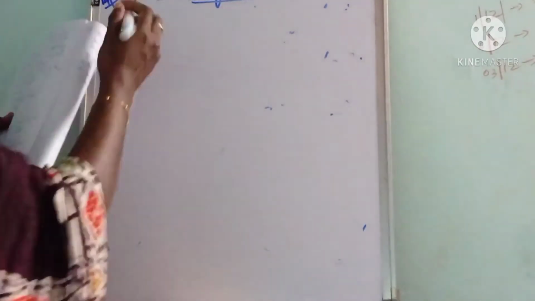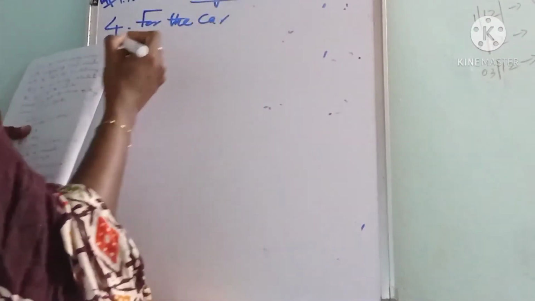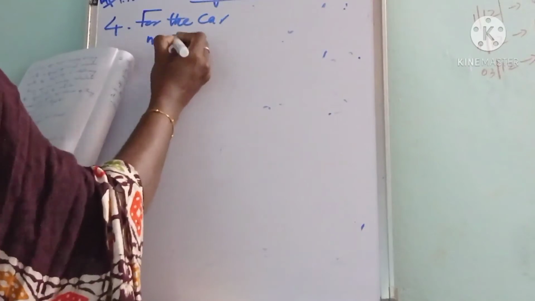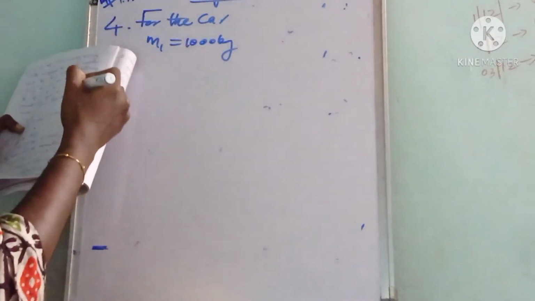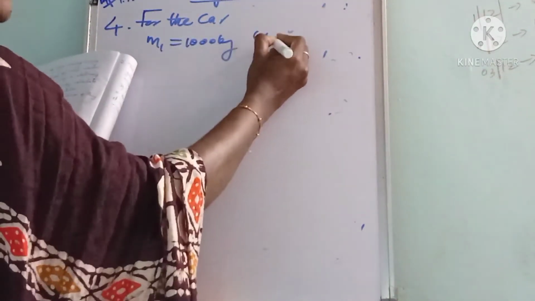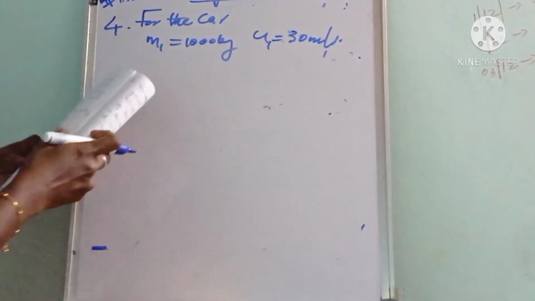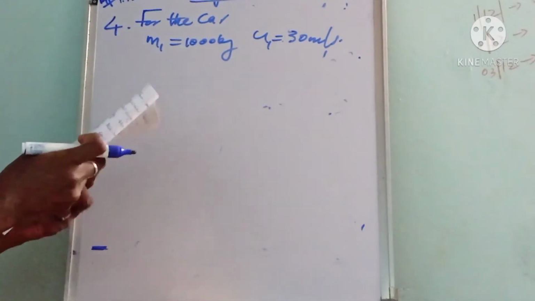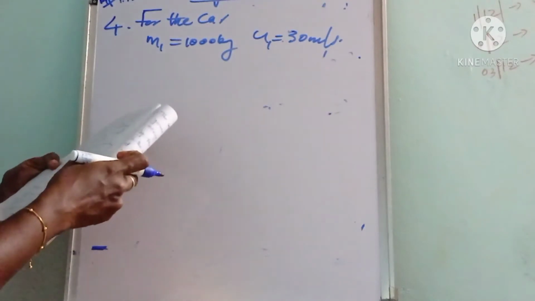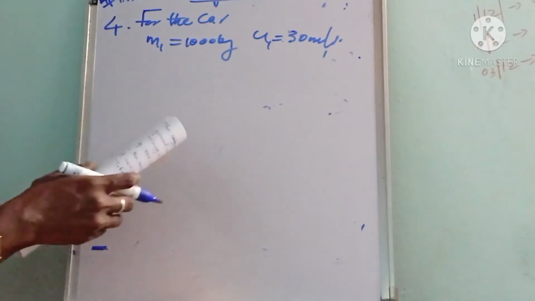First we can consider the car. For the car, its mass M1 is 1000 kg, and it moves with a speed of 30 meter per second, that is, U1 is 30 meter per second. This car collides with the back of a stationary lorry of mass 9000 kg.